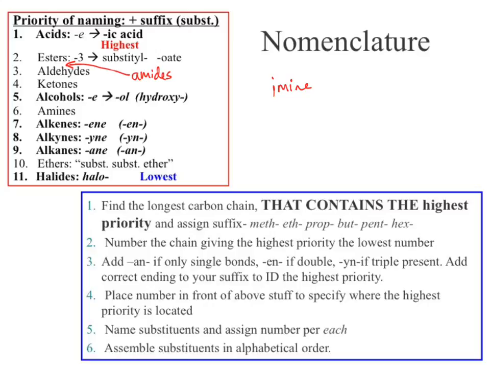I would expect everything on this list is absolutely fair game, and you probably won't need amines. As far as strict nomenclature, I think everything on that list is fair game, and I don't think anything else that we've talked about this semester as an extra functional group needs the strict nomenclature rules.